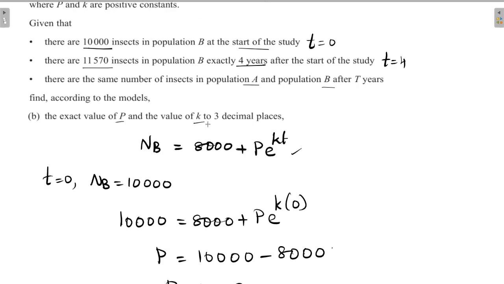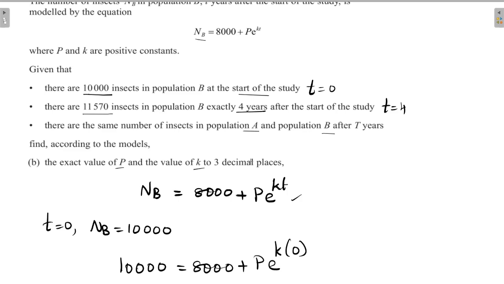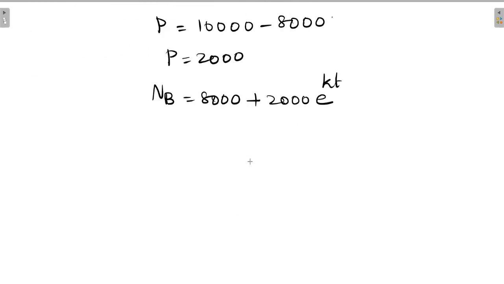The second piece of information is that when T equals 4, the population is 11,570.